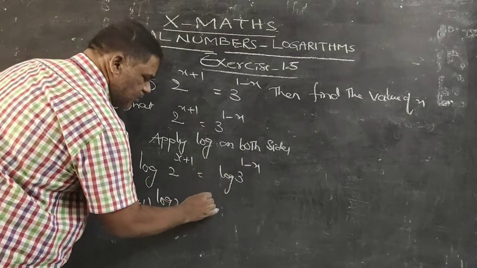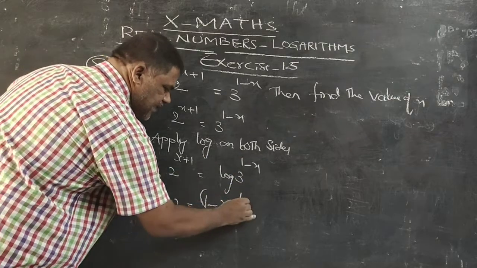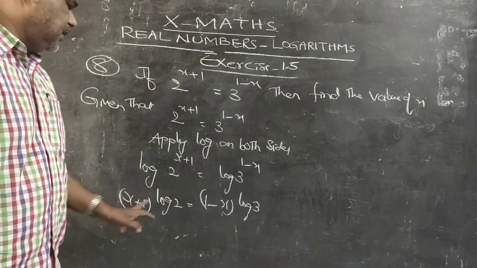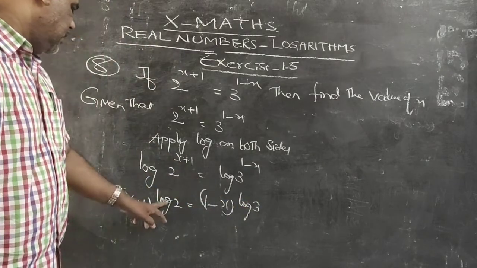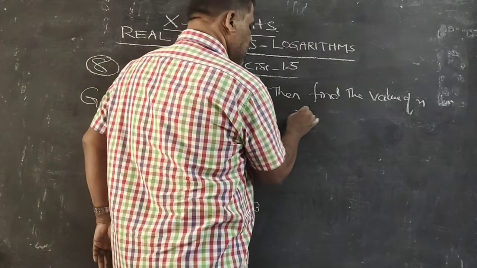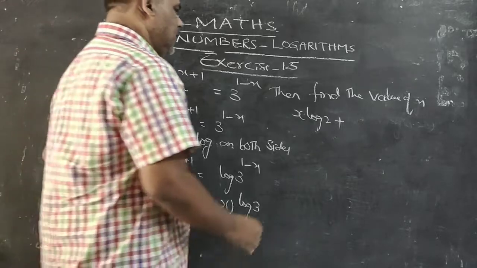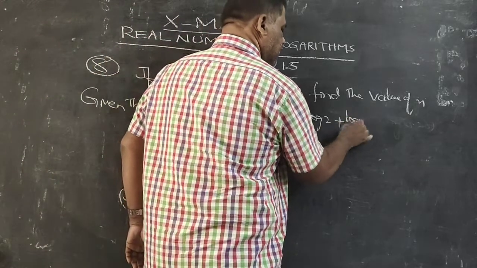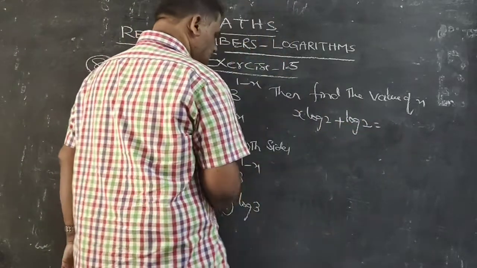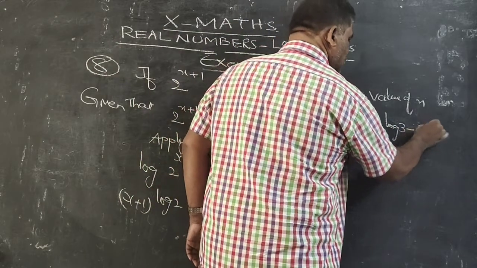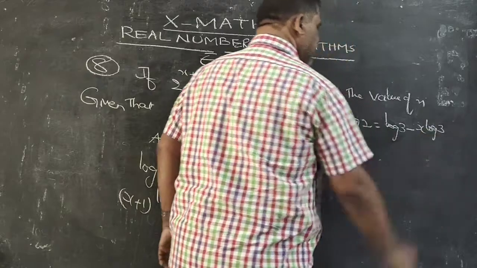Here it comes as the coefficient, 1 minus x log 3. Now multiply by log 2 here, and multiply by log 3 here. Log 2 into x is x log 2, plus log 2 into 1 is log 2, is equal to log 3 into 1, log 3, minus x into log 3, x log 3.